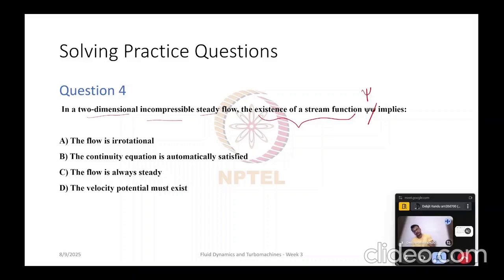Does it imply that the flow always has to be steady, and that in case it's unsteady, the stream function won't exist? Or is it option D, that the existence of a stream function guarantees that a velocity potential must also exist?